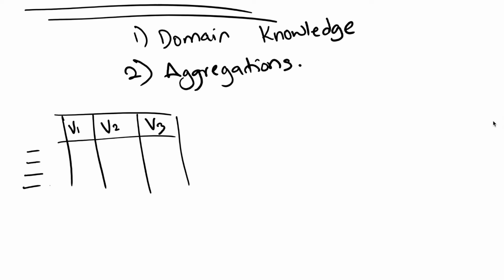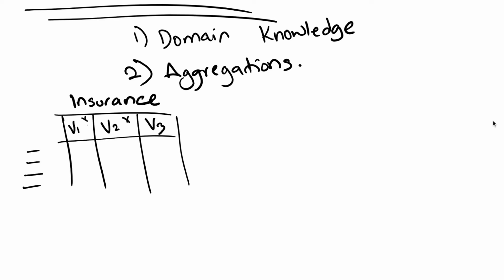Now, let's say if you're working with an insurance dataset, and let's say you have some sort of domain knowledge within the insurance industry. Now, if you're given different variables, let's say variable 1, variable 2, and variable 3. Now, let's say variable 1 and variable 2, as a domain expert, you know that it does not hold any sort of predicting powers.